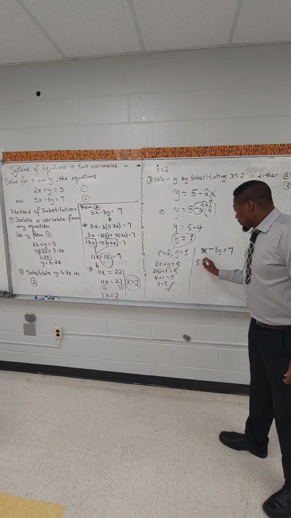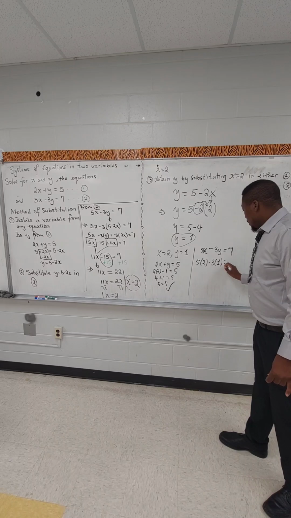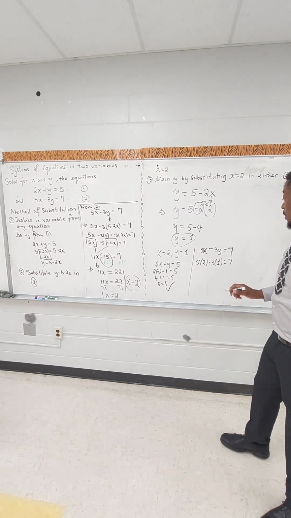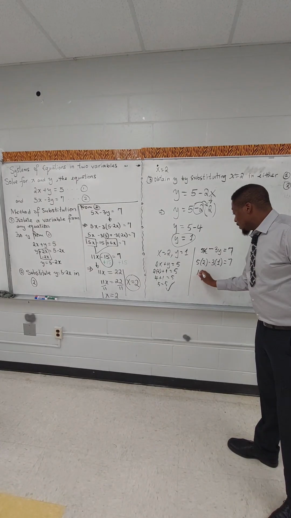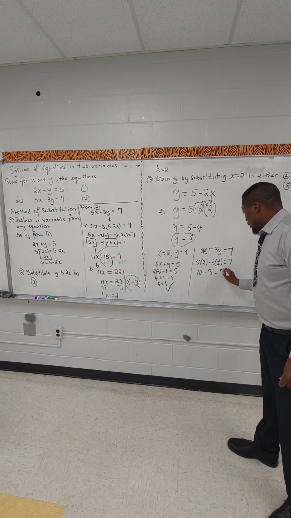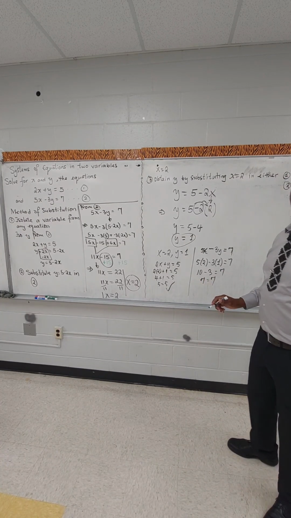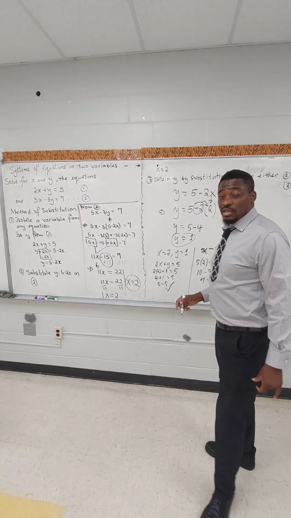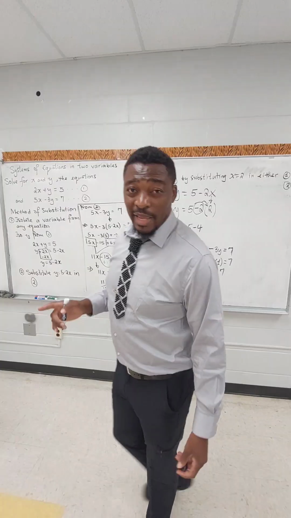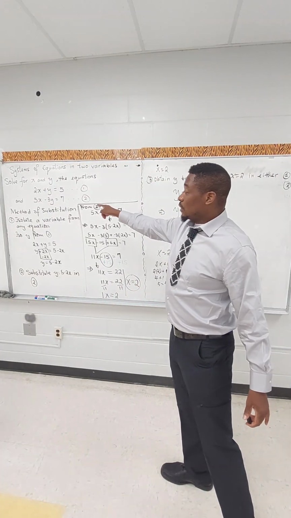So we go 5, replace x with 2, minus 3, replace y with 1. What is that equal to? 7. Let us simplify to find out. Okay, so 5 times 2 is 10. Negative 3 times 1 is negative 3. Does that equal 7? 10 minus 3 is 7. So 7 equals 7. So we conclude those two values satisfy the two equations. And so we can conclude that x equals 2 and y equals 1 are the true values for this equation.